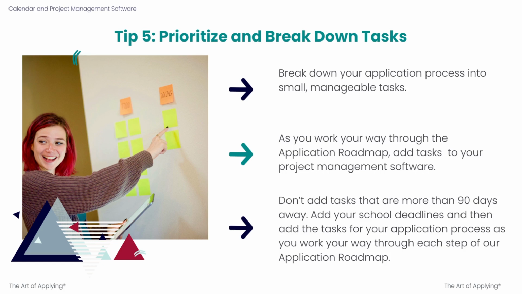It can be really easy with project management systems to get overwhelmed if you open it and see that you have 90 plus tasks open that you need to complete. So instead of putting every task in there up front, just focus on adding your school deadlines and then add the tasks for your application process as you work your way through each step of our application roadmap.